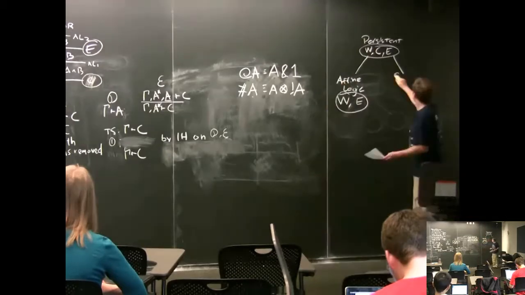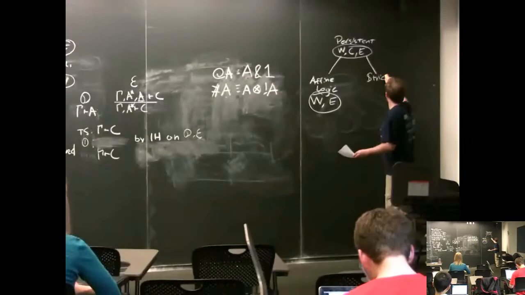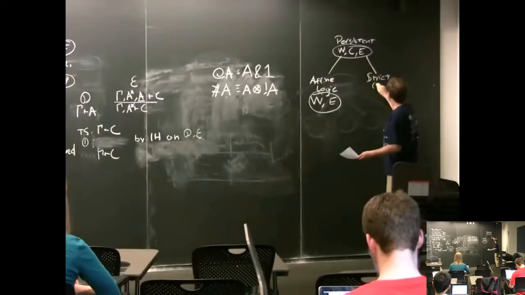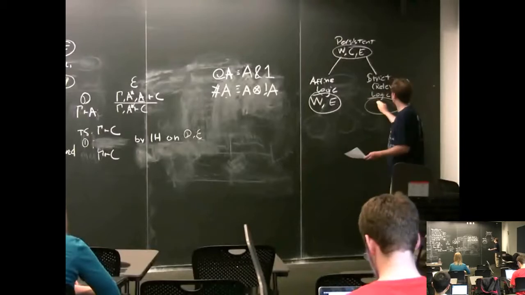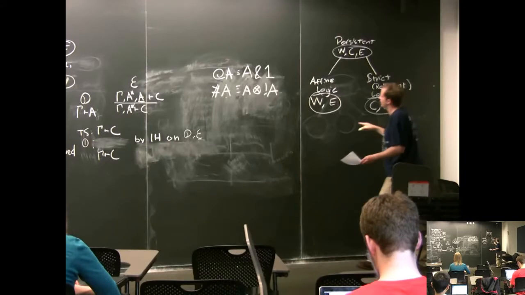The other way to talk about strict logic is that it's Gentzen's system. Strict logic, by the way, is also sometimes called relevant logic. It's Gentzen's system with contraction and exchange. So think about why that's the case.